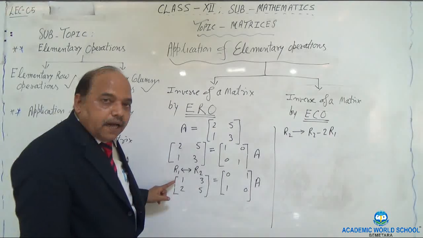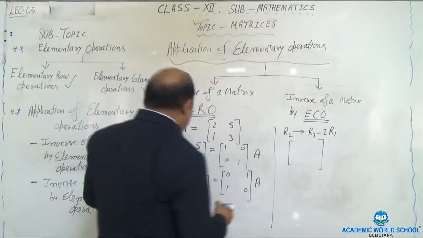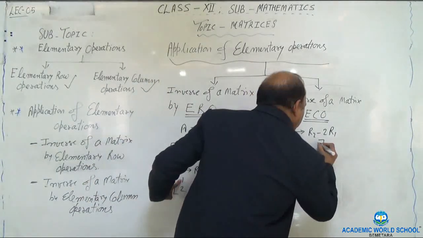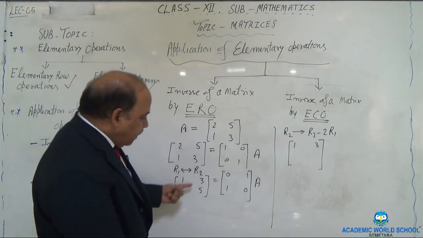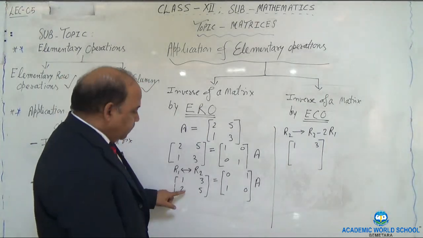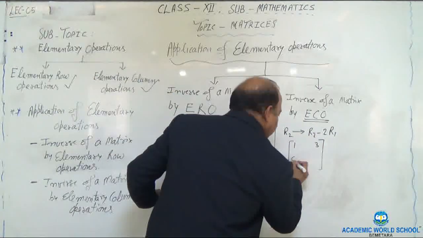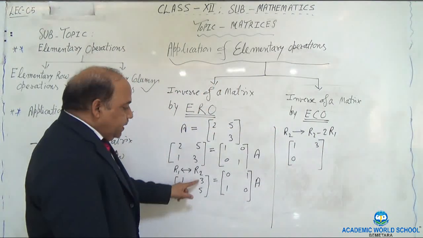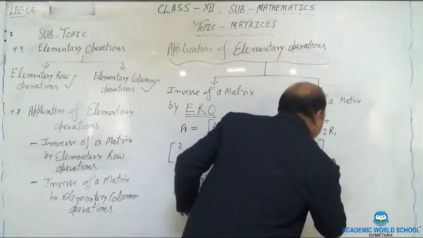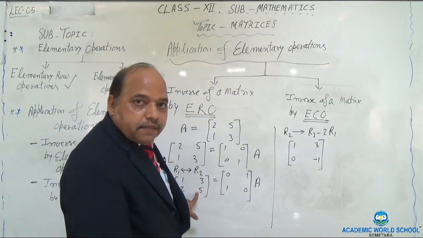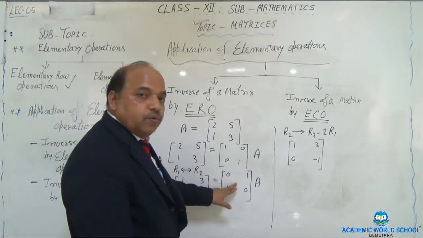There is no change in R1. So write down that. If we write this, the first row will remain as it is, 1, 3, and in this, from the second one we are subtracting 2 times of this. If you subtract, it will become 0. And here if you subtract 5 minus 6, it will become minus 1. I hope this part is clear to you. So whatever we have done to this, same thing we have to do over here.